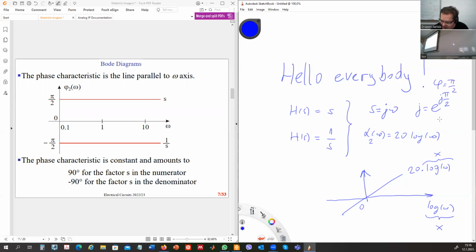Or if you have H of j omega like this, 1 over j omega, then it is omega times minus j, and this is omega times e to the minus j pi half. Now here is minus pi half. So this is something everybody knows, but we have to repeat it. Now we will go faster.